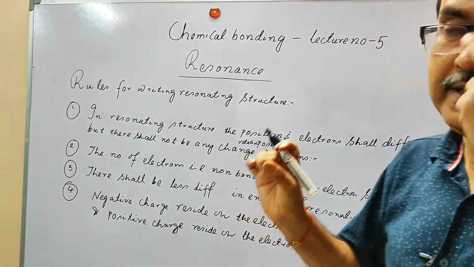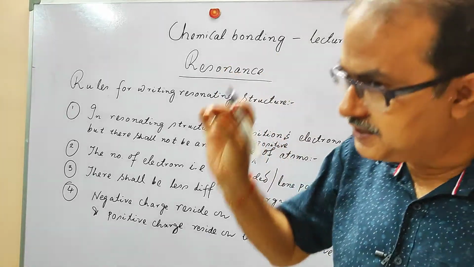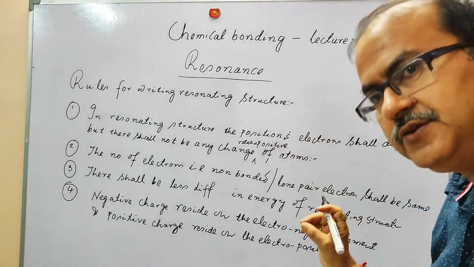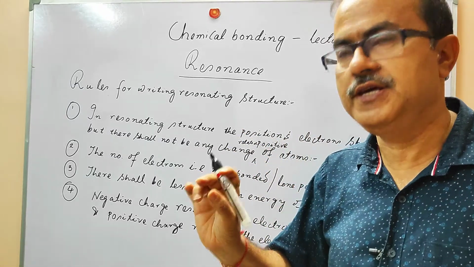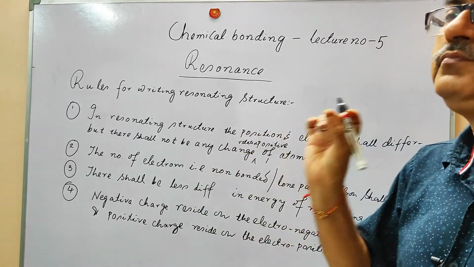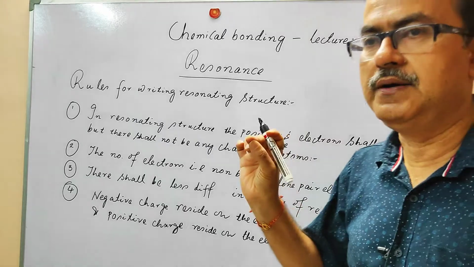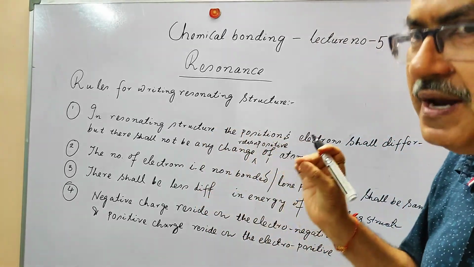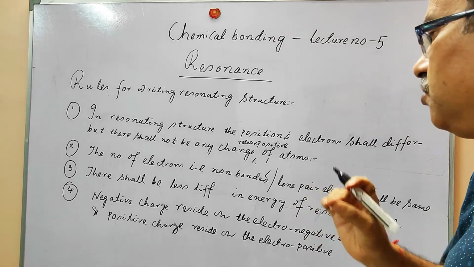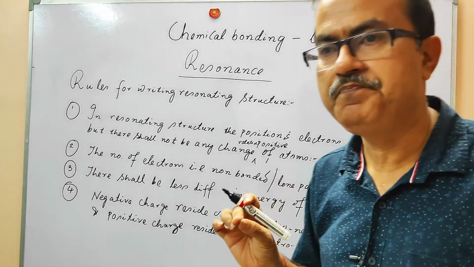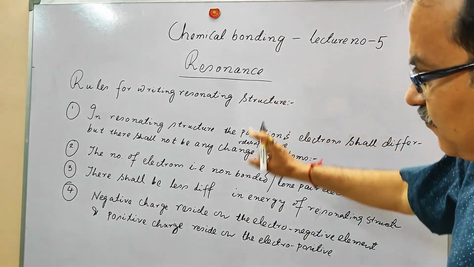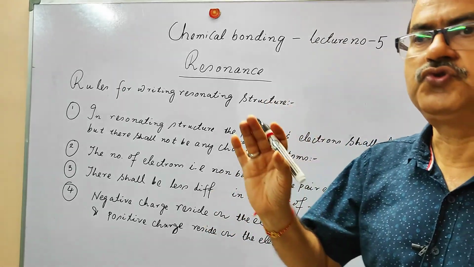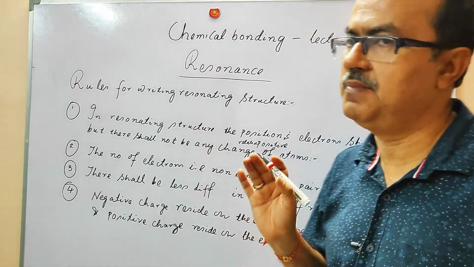If the negative charge is on the electronegative element, or the positive charge is on the electropositive element, then we say this will be much more stabilizing, and its contribution will be greater. So these are basically four very important rules that we always keep in mind.